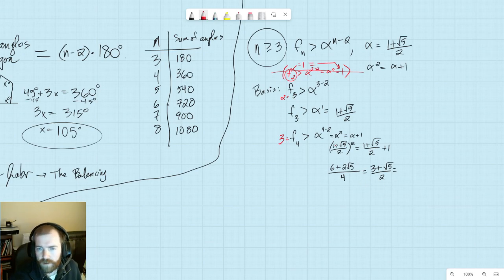All right, so then here, 3 plus root 5 over 2 is 2.618, which has a 3 on this side, so it's greater than that, which is true.